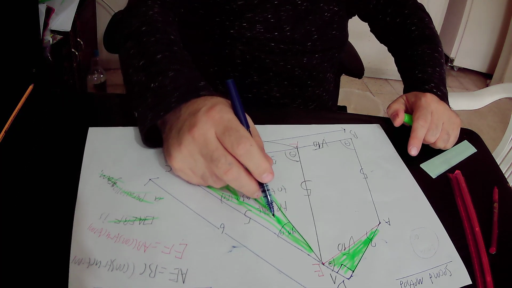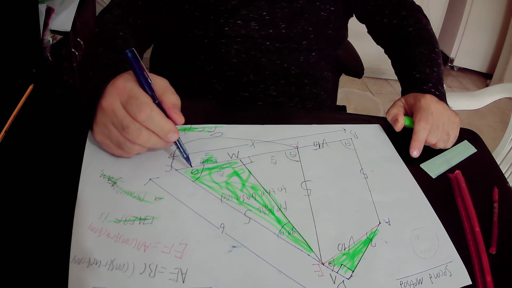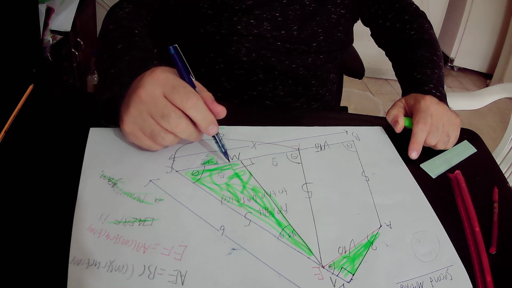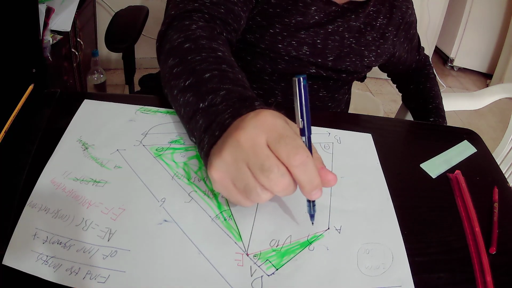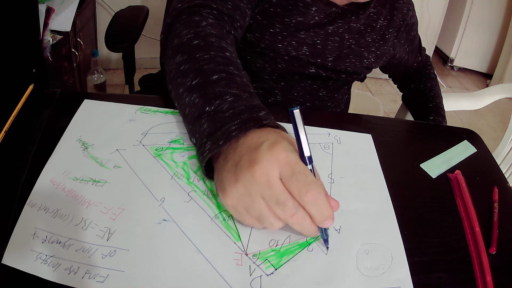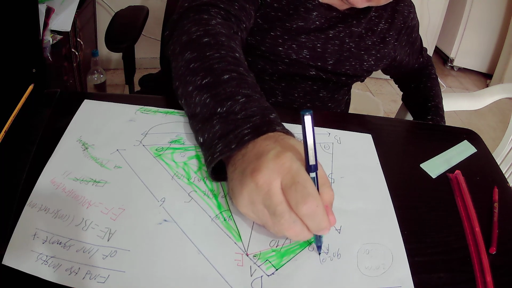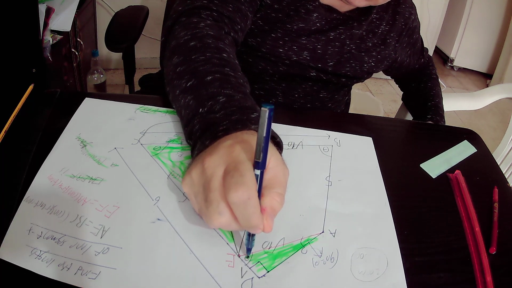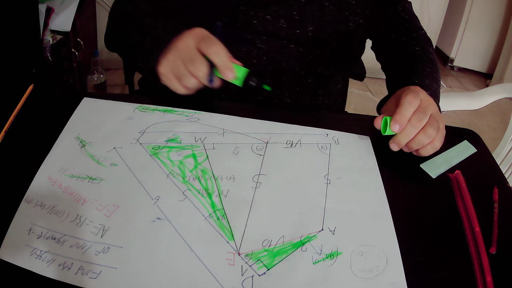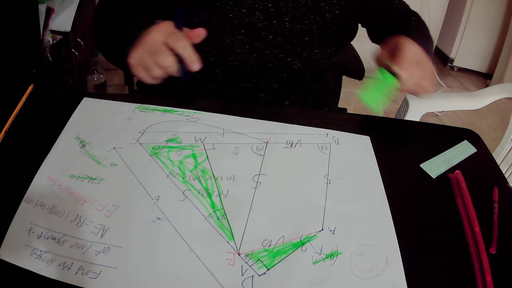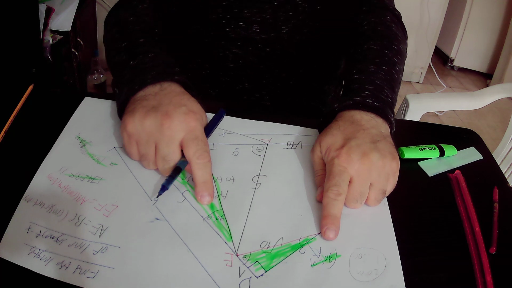Why? Because 90 degrees minus theta plus theta is 90 degrees, and 90 degrees plus 90 degrees is 180 degrees. Exactly for the same reason, in this right triangle ADE, this angle must be equal to 90 degrees minus theta. Why? Because this angle equals 90 degrees, this angle equals theta, so this angle must be equal to 90 degrees minus theta. So in those two right green triangles, those two angles are both equal to 90 degrees minus theta, therefore they are equal to each other.